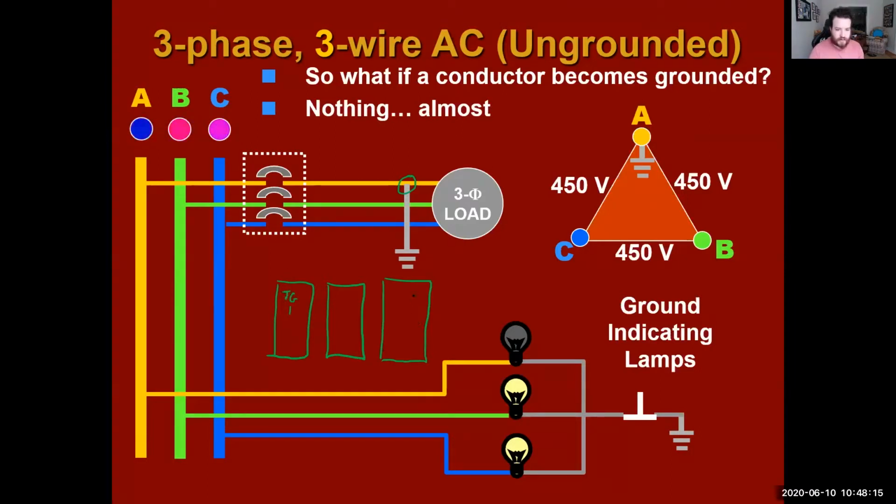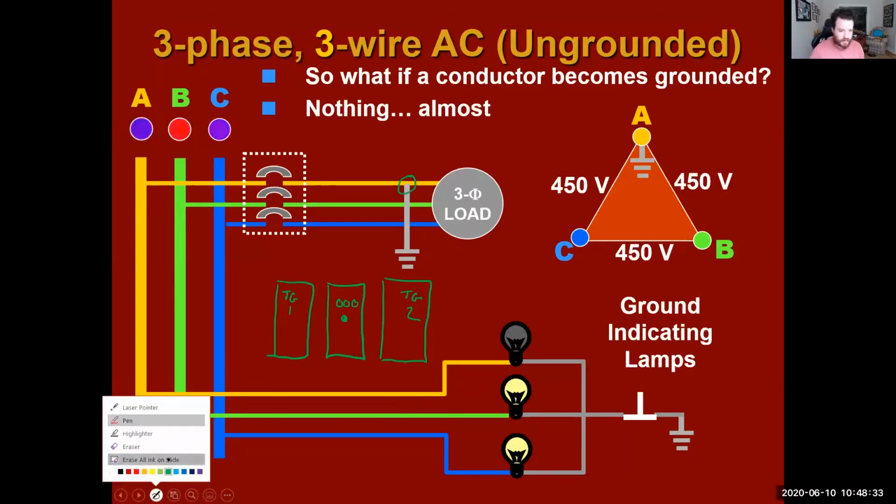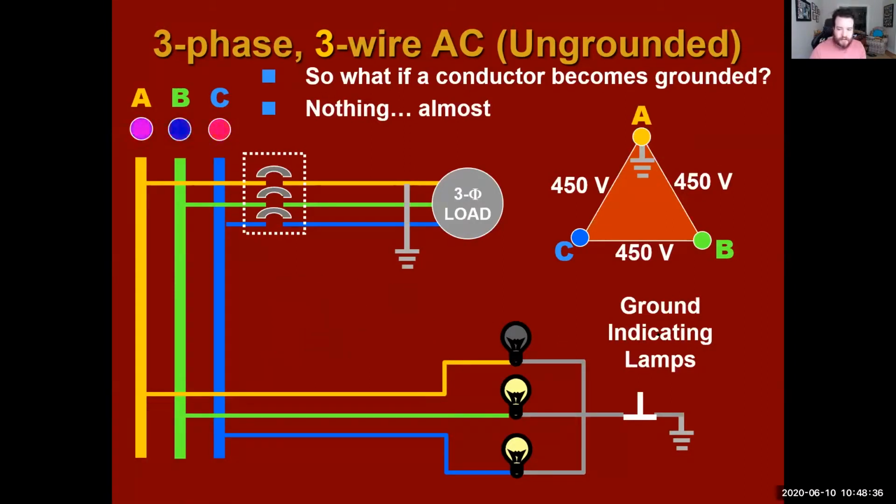You have your turbo generator 1, you have your turbo generator 2, and you'll have 3 lights right here on your main bus with a little switch, a little button basically right there, and that's your 3 ground indicating lamps. All right. So these ground indicating lamps will all be lit during normal operation. So in normal operation, these things will all be lit up. Everything's fine.